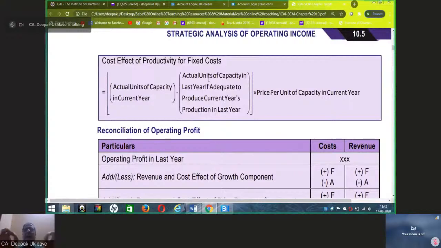Please understand, at one point of time, the profitability analysis used to be done only at the top level, that is operating income, or at the bottom level, that is net profit, without going into details, just by calculating the variances. But this kind of analysis, the analytical tool which we are using, that is growth component, price recovery component, and productivity component, is a new contemporary technique in strategic cost management.